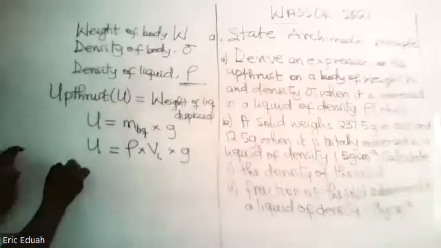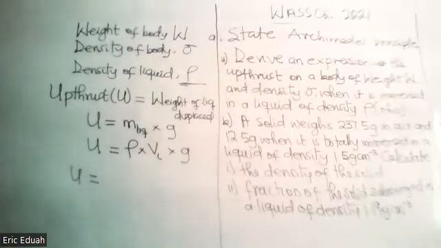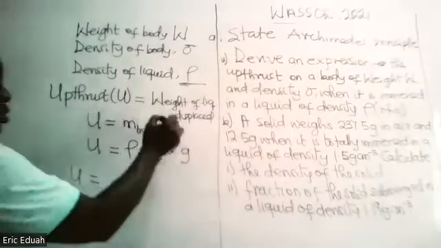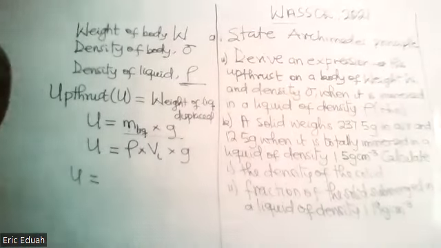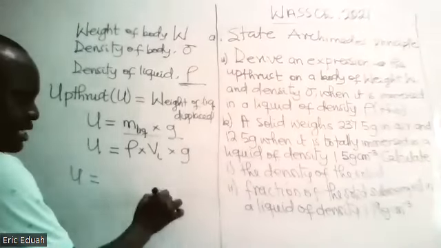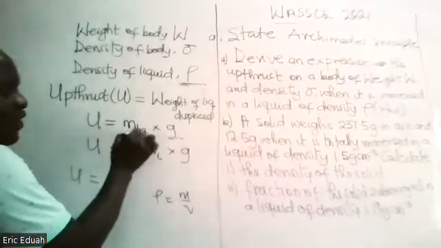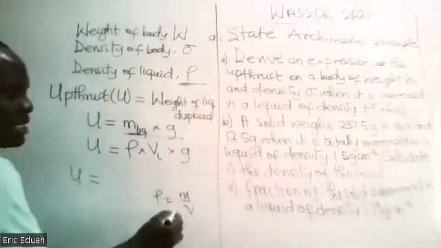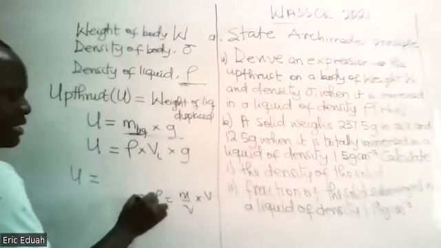You see, upthrust is equal to mass of liquid displaced times gravity. And I want to express mass of liquid displaced in terms of density and volume. We know density is mass over volume. So if I have mass and I want to express it in terms of density and volume, then I make mass the subject.